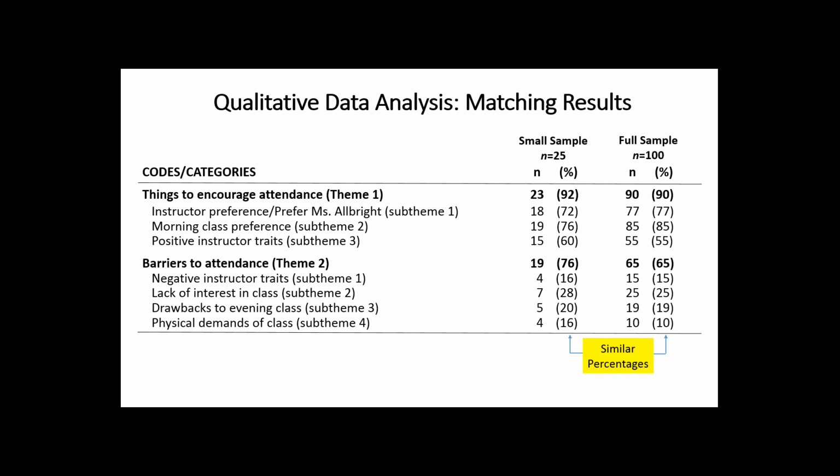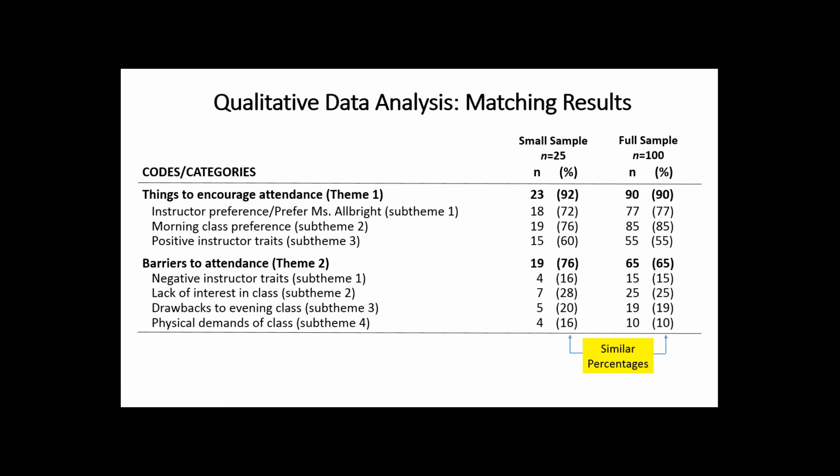So you can see the themes. For theme 1, you can see they match actually pretty well. For the full sample, 90 people, which is 90%, mentioned things that would encourage attendance. For the 25, it was 23 people, which was 92%.